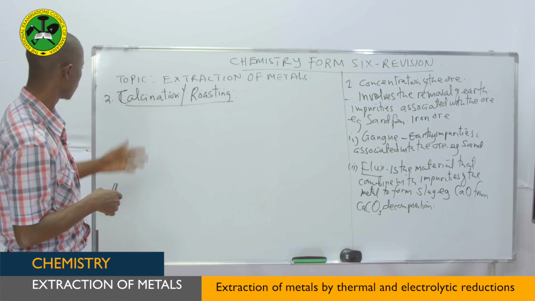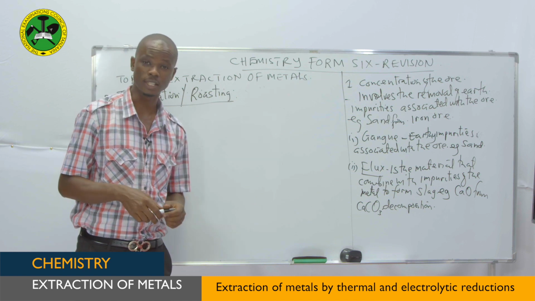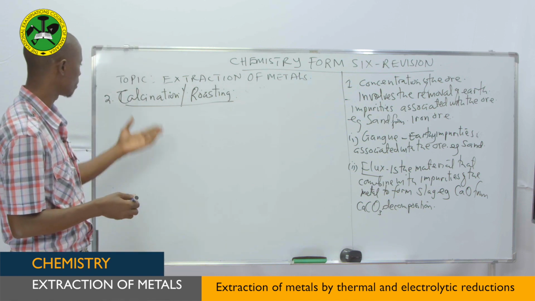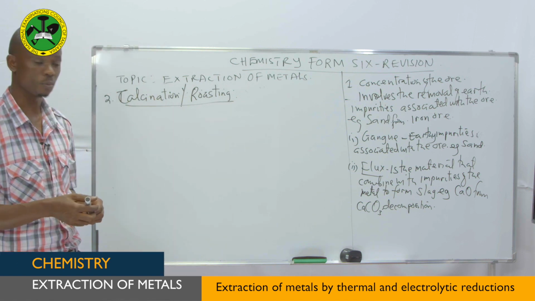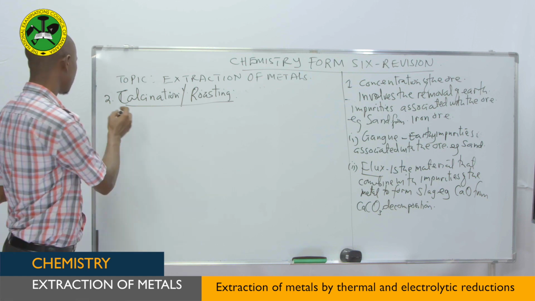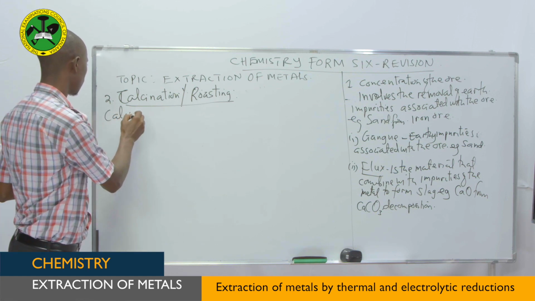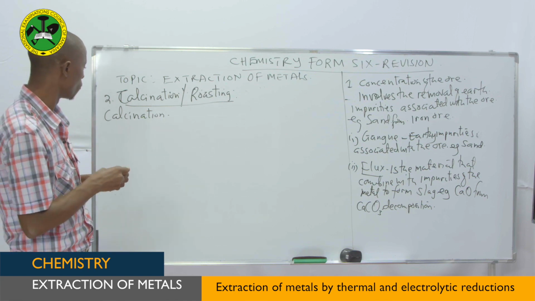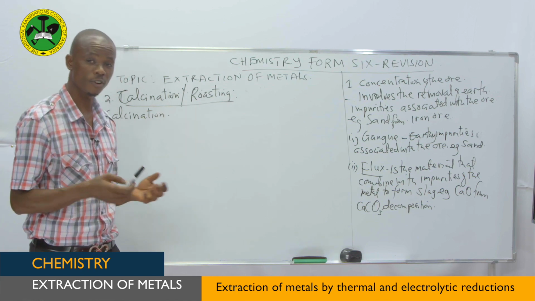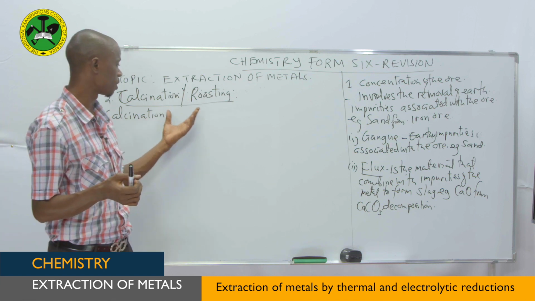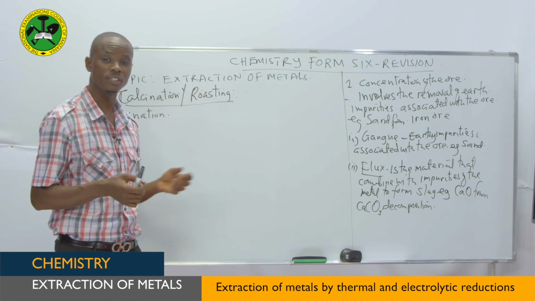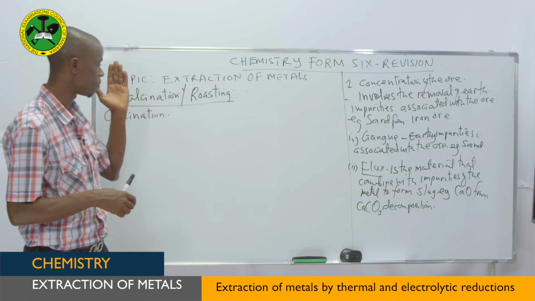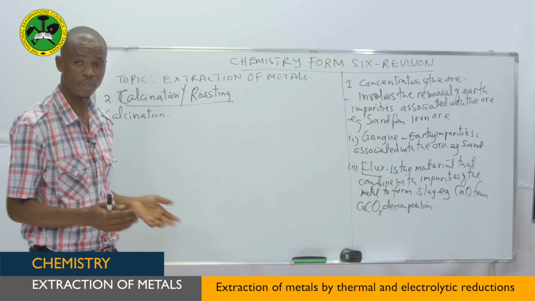Now the second step is calcination and roasting. What is happening and what is the difference between them? Calcination aims at removing the moisture from the ore. It also removes the water of hydration and also removes some volatile substances from the ore.